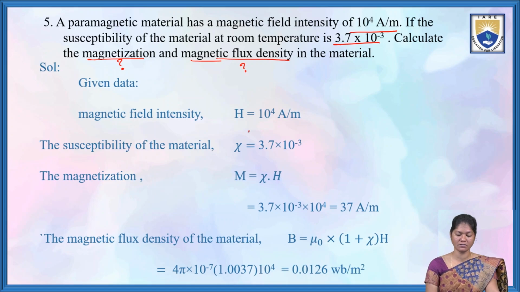The given data: magnetic field intensity H is equal to 10 power 4 ampere per meter, and the susceptibility of the material at room temperature chi is equal to 3.7 into 10 power minus 3. Then we have to find the magnetization M and then the magnetic flux density.